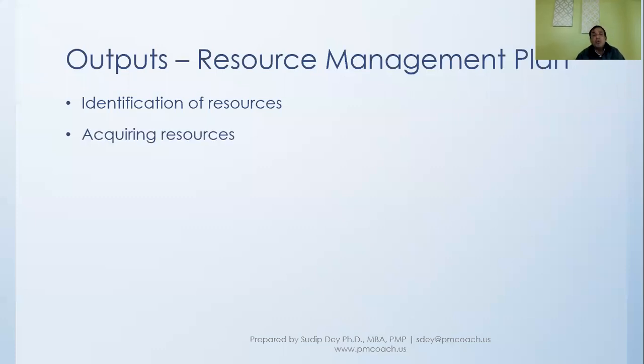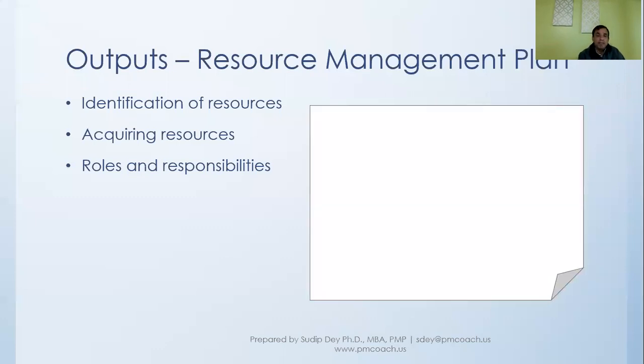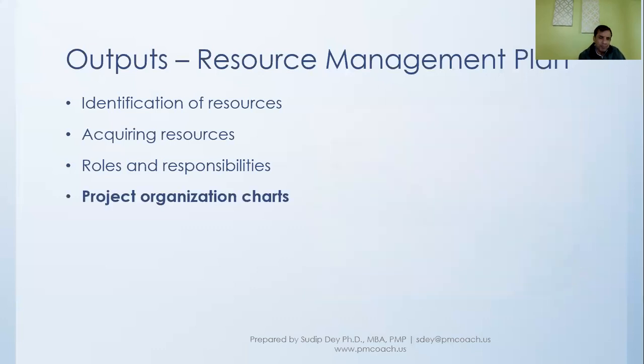Then how will we go about acquiring the resources? This is what will be put together in this plan. Then what are the roles and responsibilities? The roles, the authority for the team members, what kind of authority, and the responsibility, and the competence, that is also what will be put together in this resource management plan.